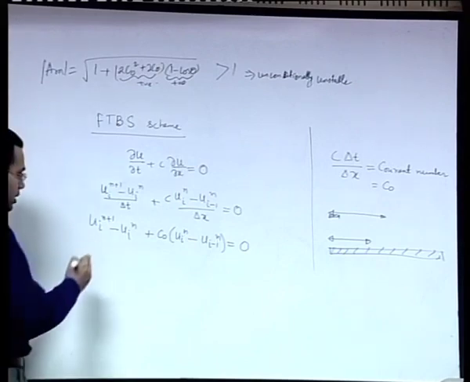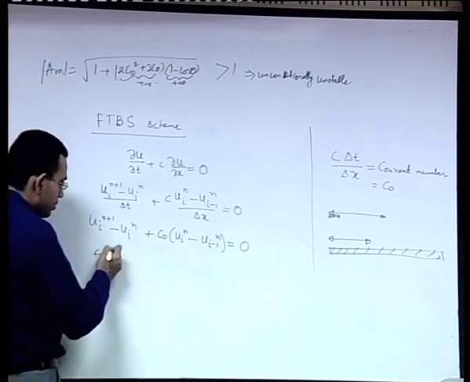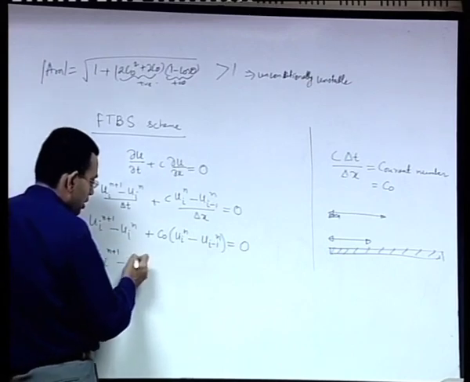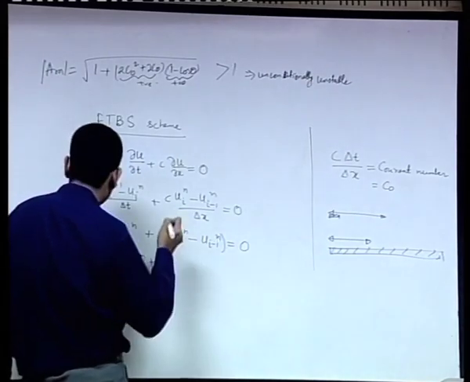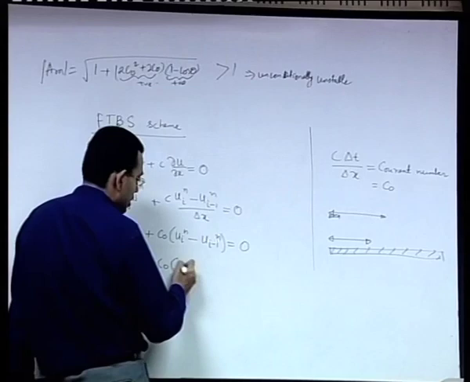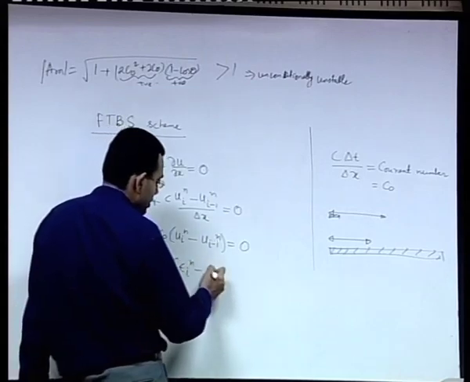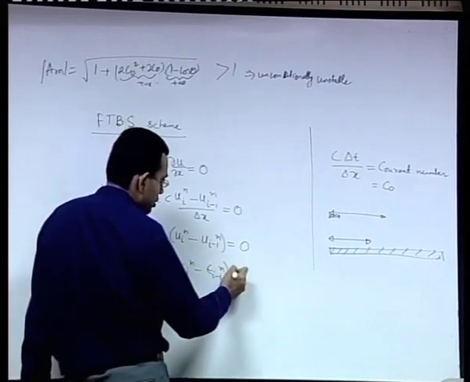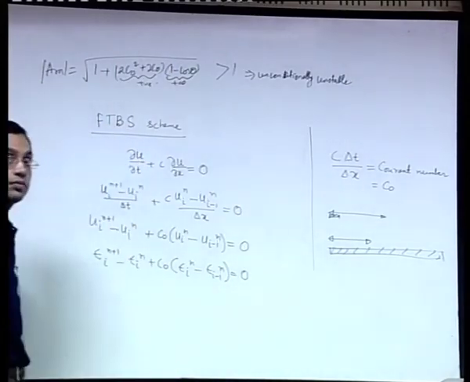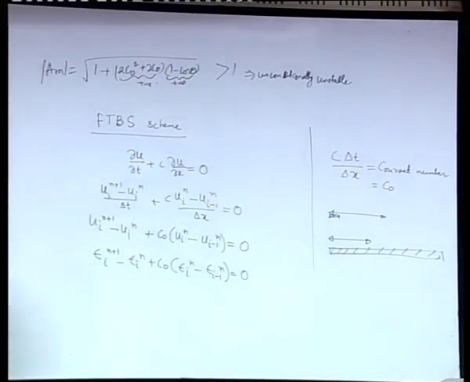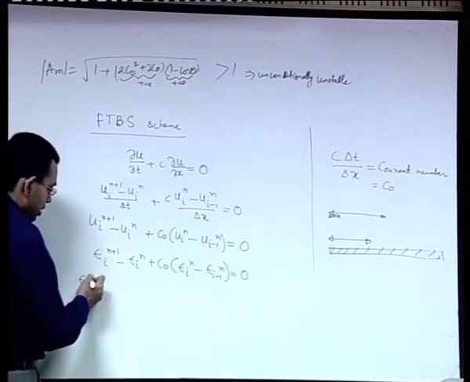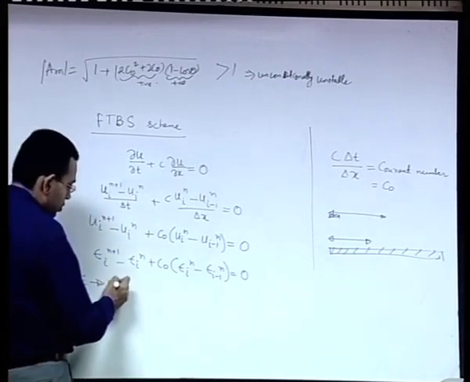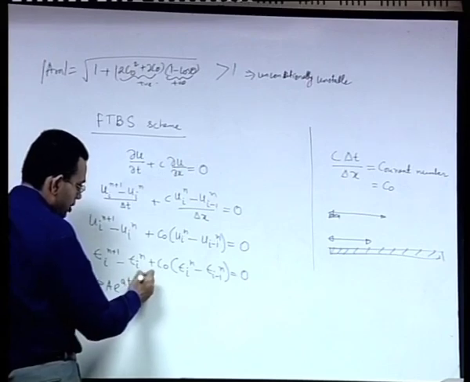The corresponding error equation is epsilon_i^(n+1) minus epsilon_i^n plus Courant number times (epsilon_i^n minus epsilon_(i-1)^n) equal to 0. We substitute epsilon as e to the power a t into e to the power j k x.